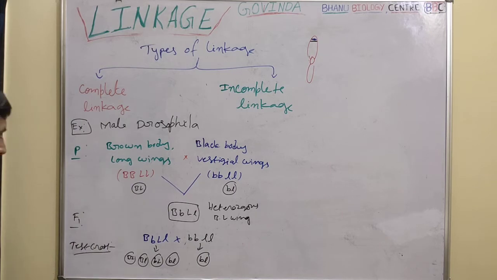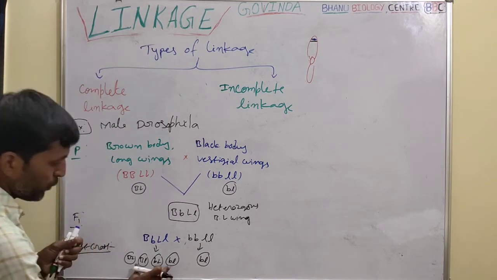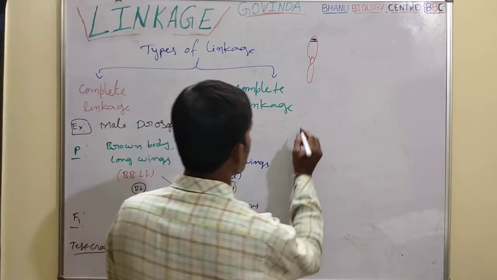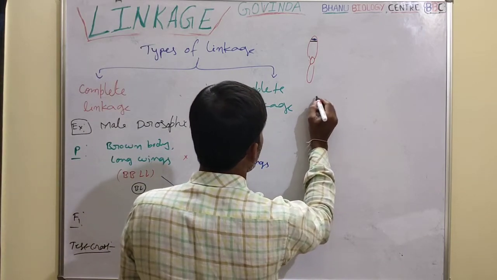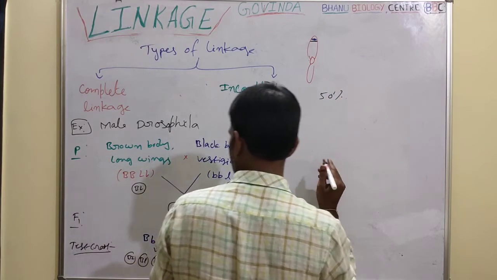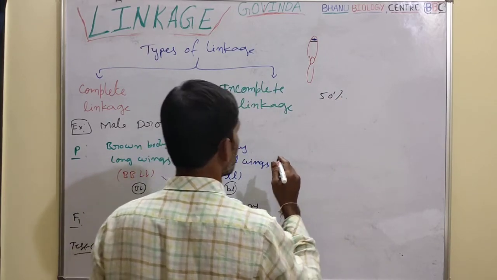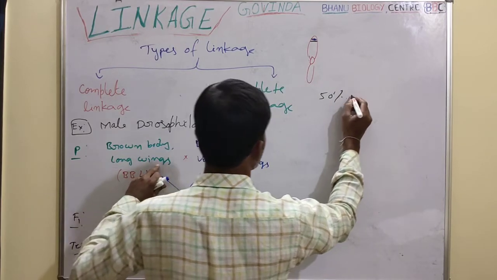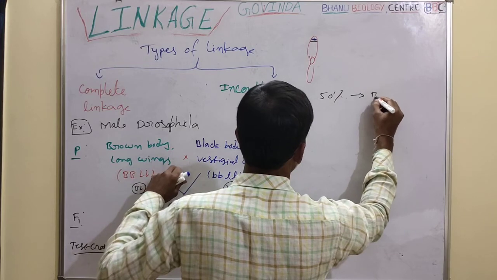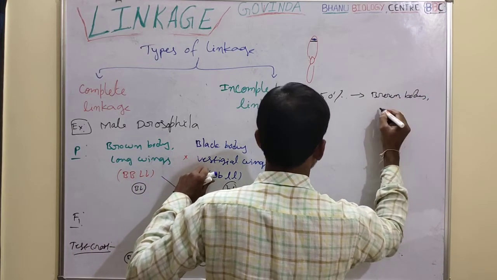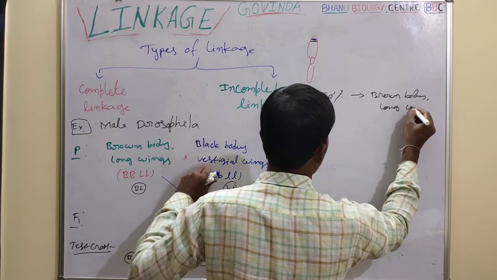Right. So we observe the results. When we observe the results, 50% of the offspring are brown body color, having long wings.